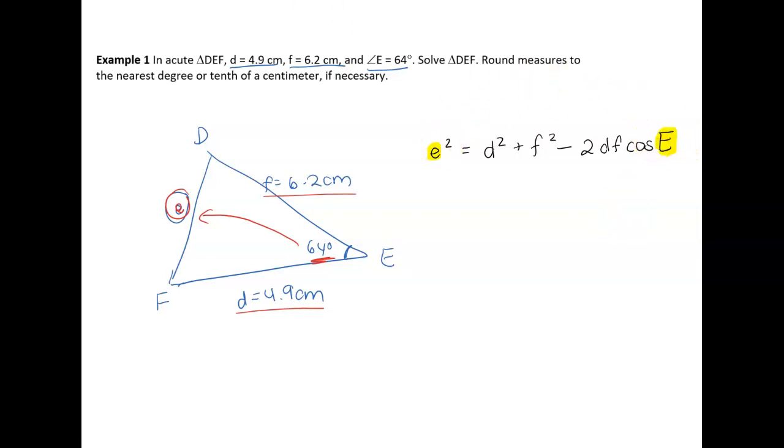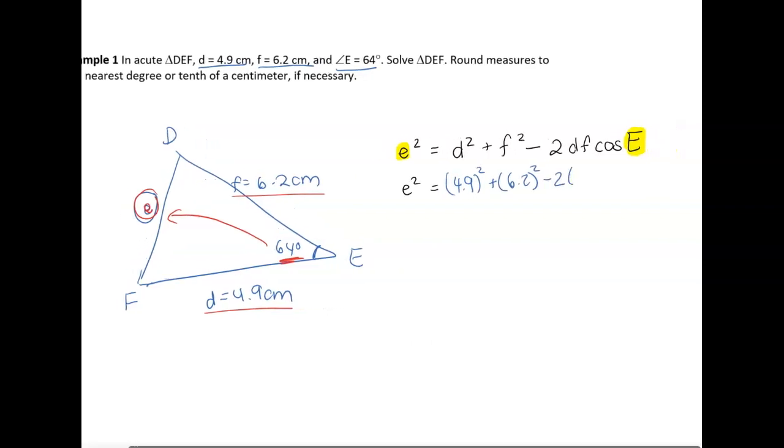So filling in what I have, I'm just going to rewrite it with all the numbers I have. So D was 4.9 squared, F was 6.2 squared, minus 2 times 4.9 times 6.2 times the cos of the angle, which is 64 degrees.